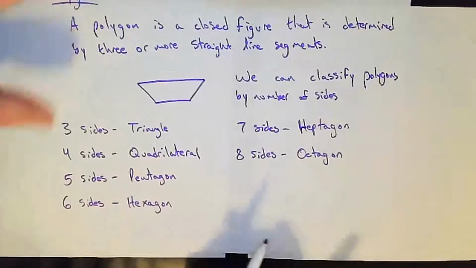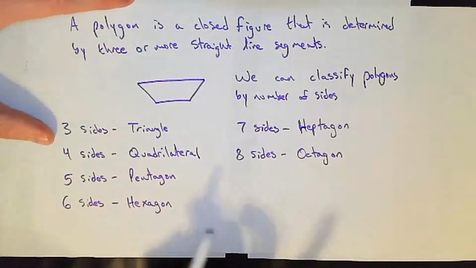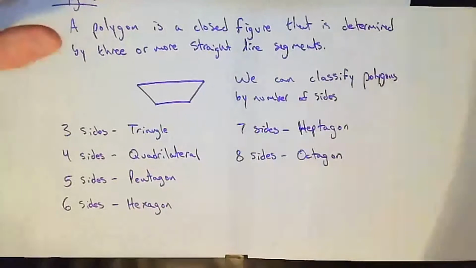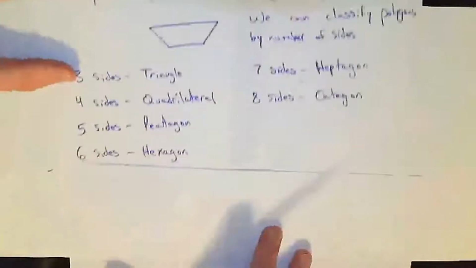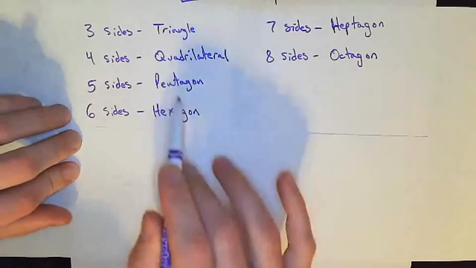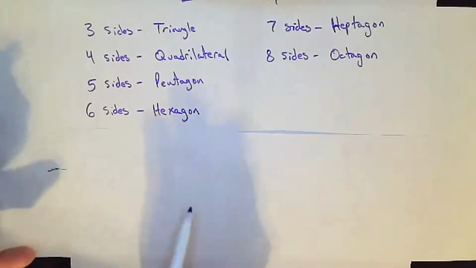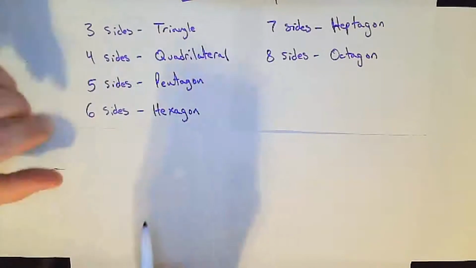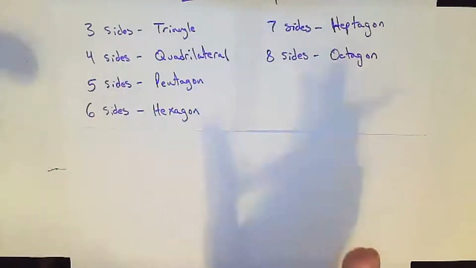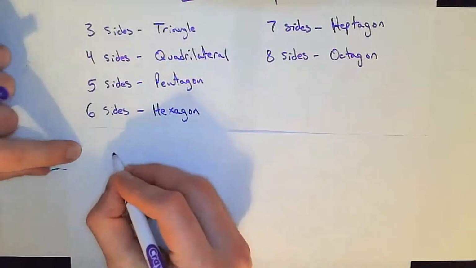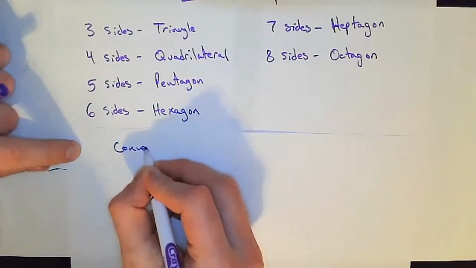We're going to be mostly interested in triangles and quadrilaterals. There's a few other types of classifications we can talk about. These are all just different types of polygons based off of number of sides. But then a broader definition, or two broader definitions of polygons, are convex polygons.